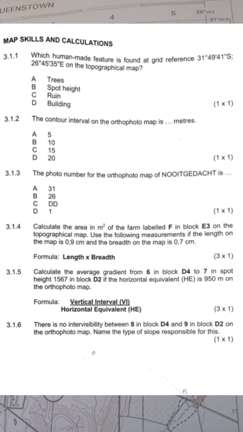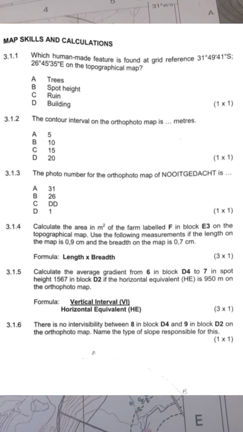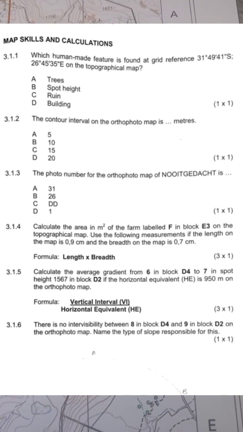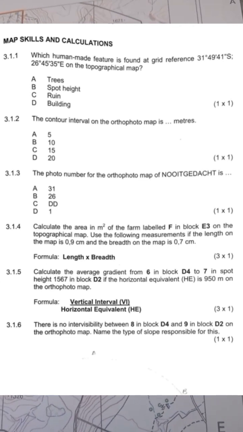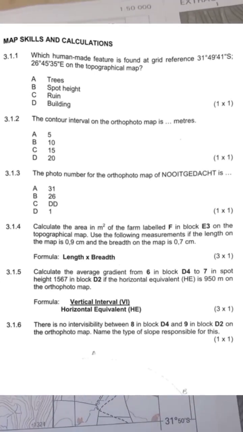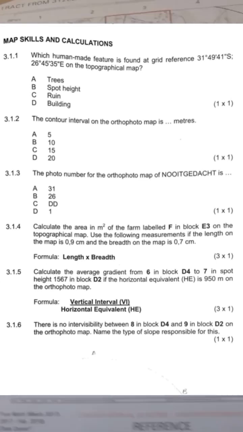So we'd have to first find the location of whatever human feature is at these coordinates. It's very important that you know coordinates, guys. These are part of the map skills.